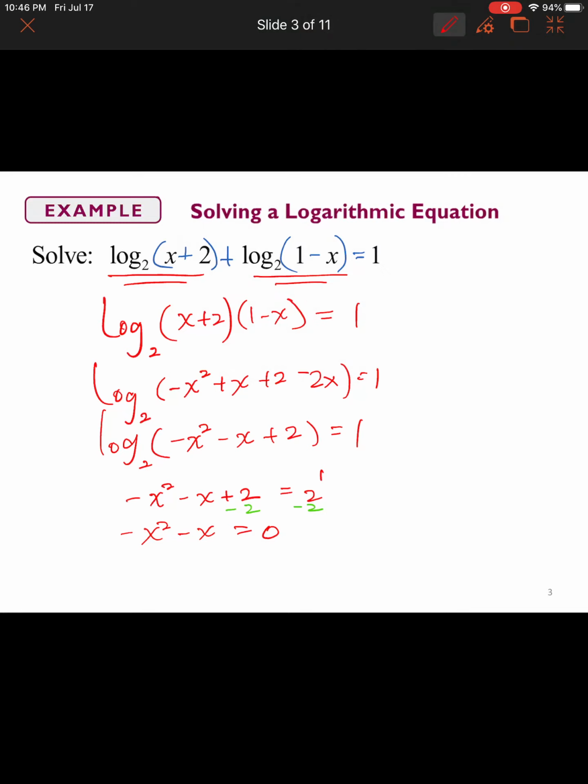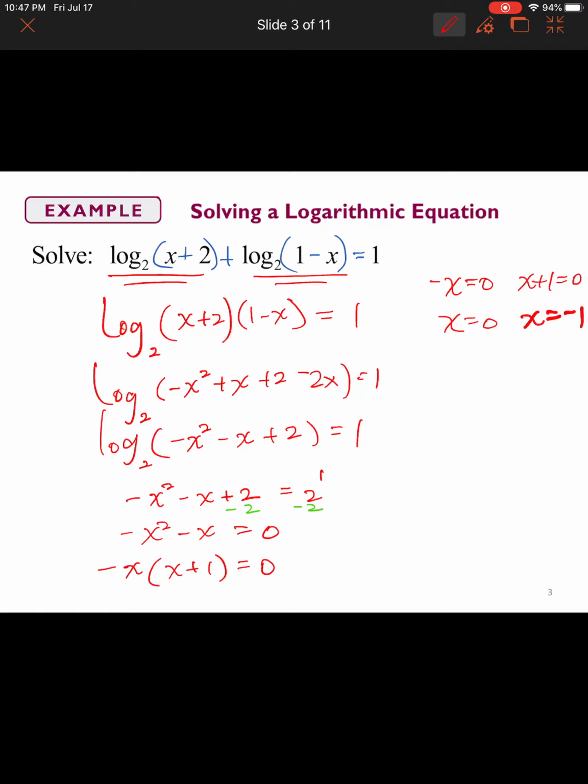And factoring out a negative x, that leaves us with x plus 1. So we have solutions here. We have negative x equals 0 or x plus 1 equals 0. That will give us potential solutions of x equals 0 or x equals negative 1.